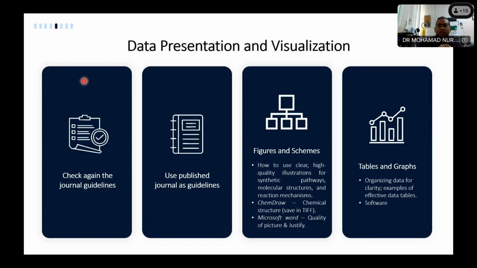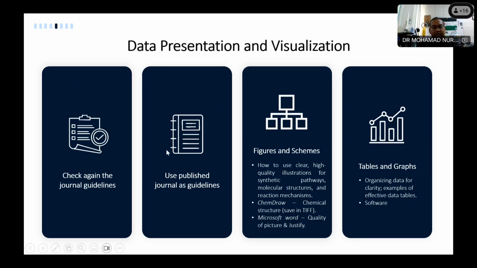Make sure the storytelling process is attractive so that all the readers understand. You have to check the journal guidelines again, for example Natural Product Research, Natural Product Communications, or Journal of Natural Products and so on. The second thing, use a published journal article as a guideline.